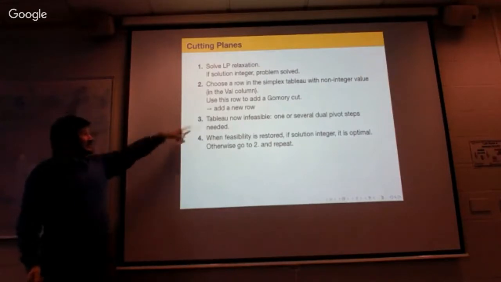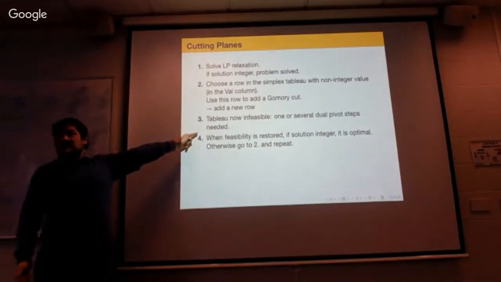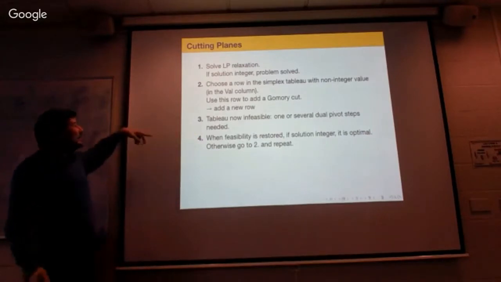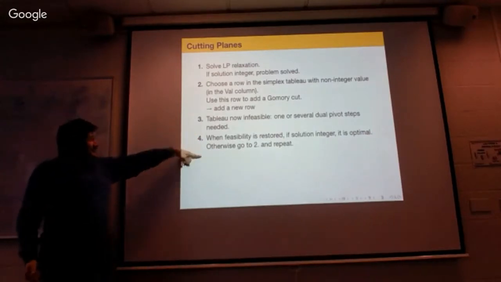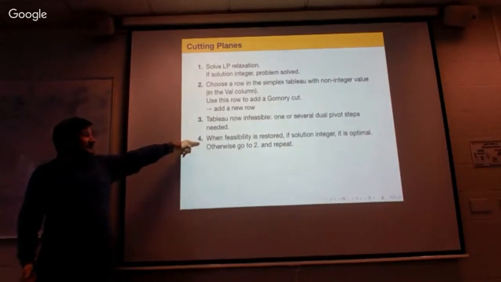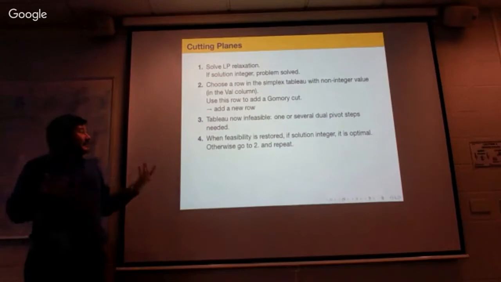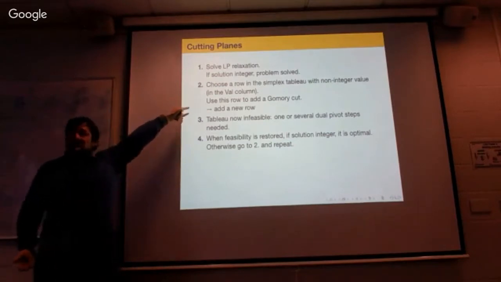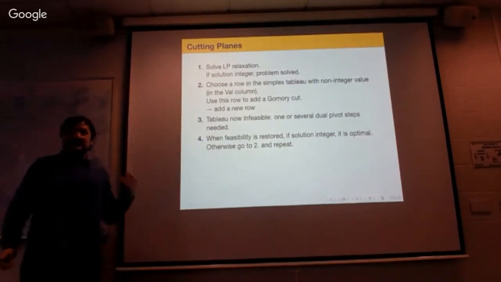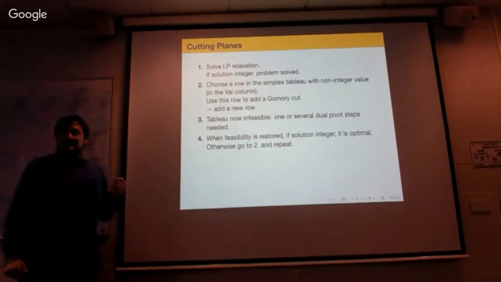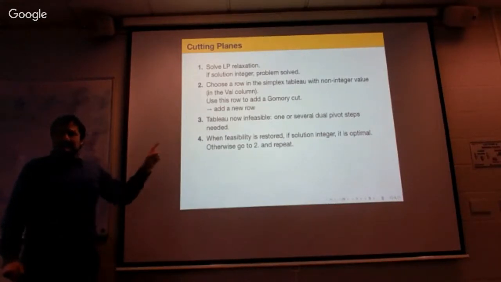The tableau becomes infeasible. If it doesn't become infeasible, you don't have to do dual pivoting and you've made a mistake. Do dual pivoting, you find a new optimal solution. If it's all integer, then you're happy. Otherwise, choose a row which is not integer and go on and on. It will solve it eventually, but you never know how long it's going to take.